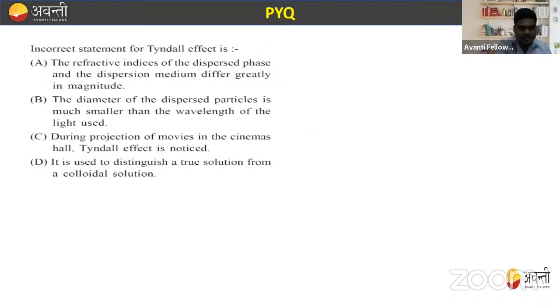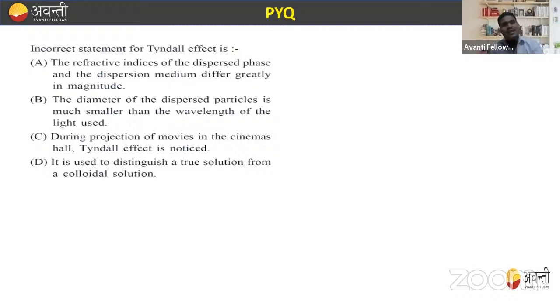Okay. Now, you have to identify the incorrect statement for the Tyndall effect. The refractive indices of the dispersed phase and the dispersion medium differ generally in magnitude. The diameter of the dispersed particle is much smaller than the wavelength of the light used. During the projection of movies in the cinema hall, the Tyndall effect is noticed. Yes, this is correct. And it is used to distinguish the true solution from the colloidal solution.